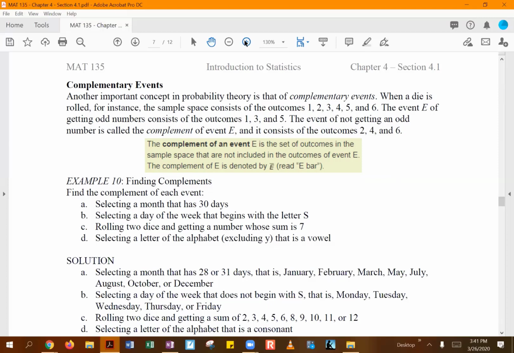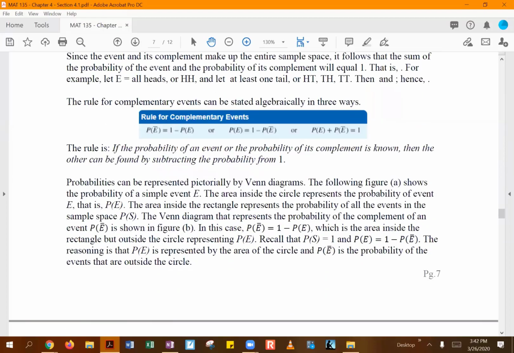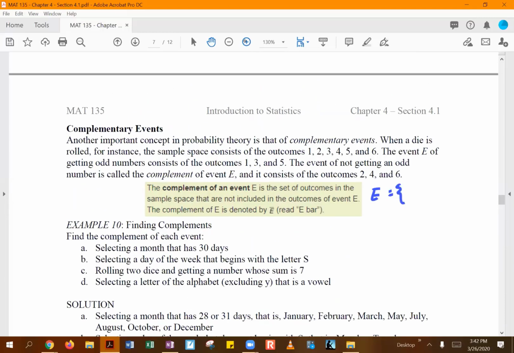So an event where you do not get odd numbers is what we would call the complement of event E. An event that does not include odd numbers would consist of the outcomes of the even numbers, right? 2, 4, and 6. So the way we would write this is that event E is the odd outcomes, right?